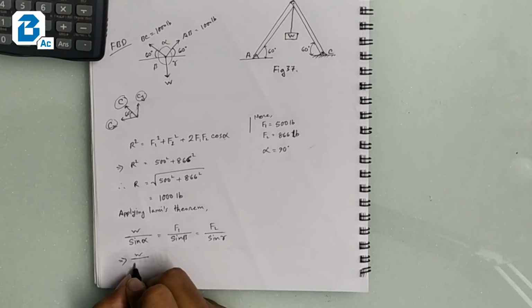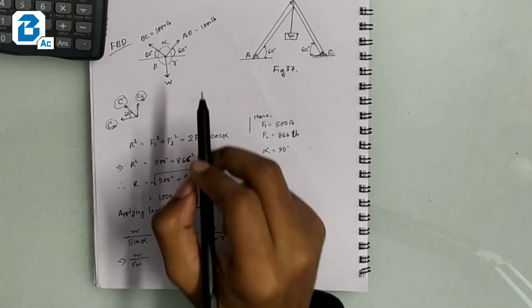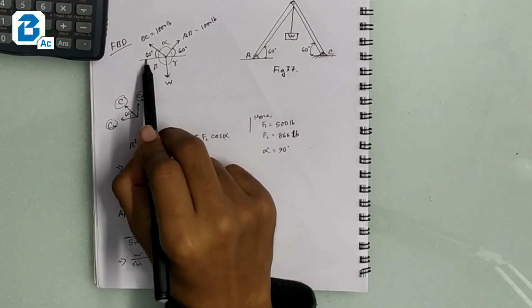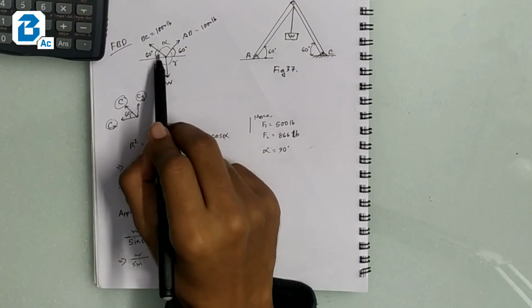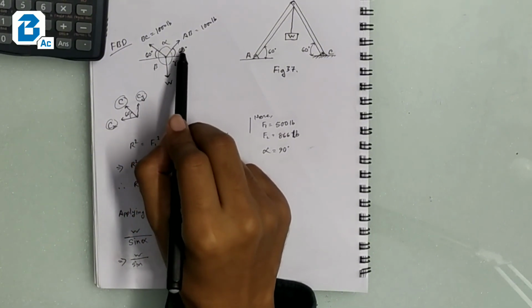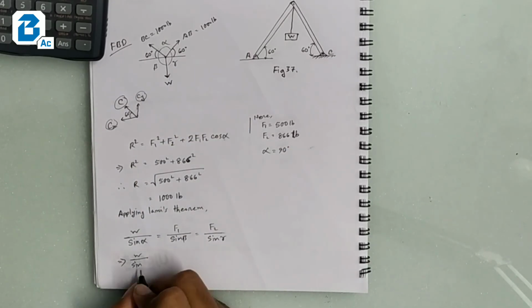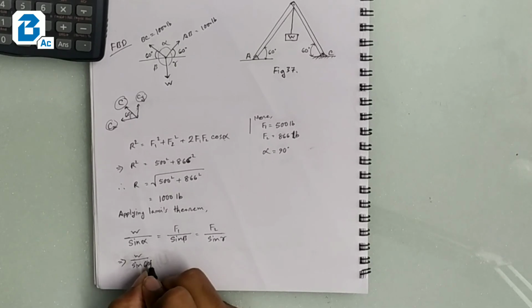W by sine alpha, and if we put the values also, then let's find out. Here it's a straight line, so this is 180 degree, and if we subtract 60 degree and this 60 degree, so total we are subtracting 120 degree, so we get 60 degree.